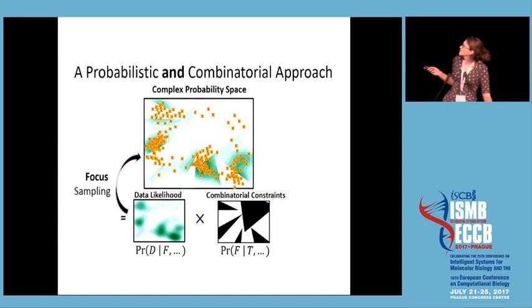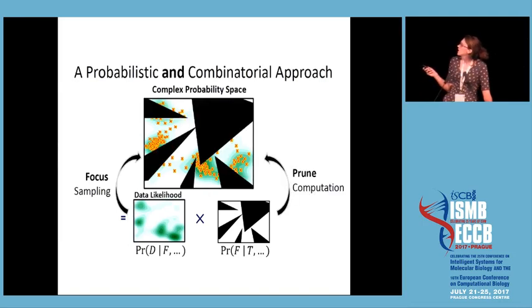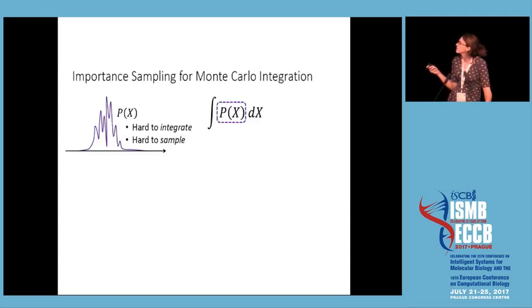So we're going to use our data likelihood to focus sampling onto areas of high probability. And then we're going to use the combinatorial constraints to prune our computation, so that we don't have to consider samples that have 0 probability.